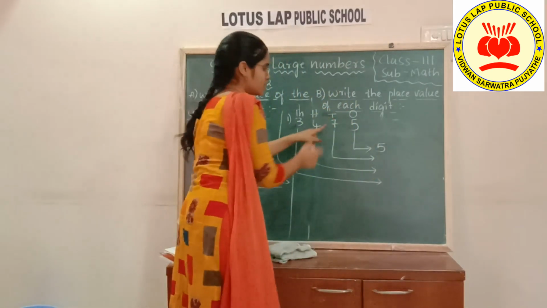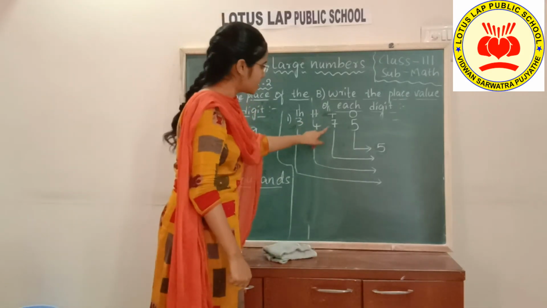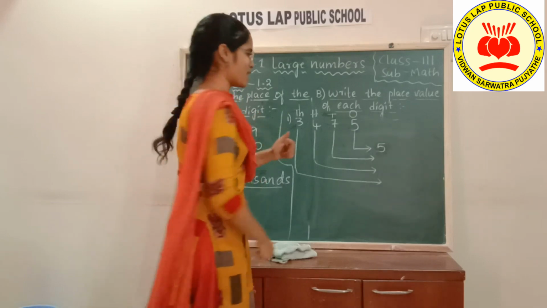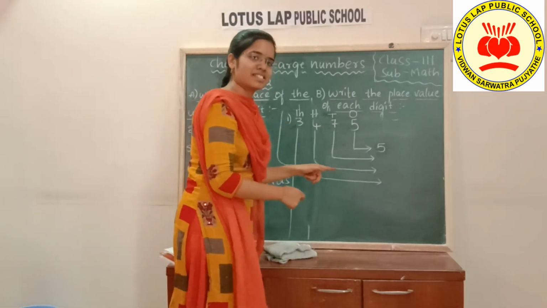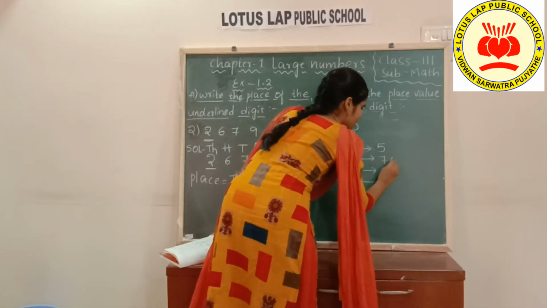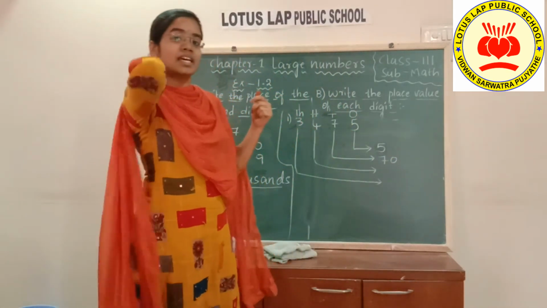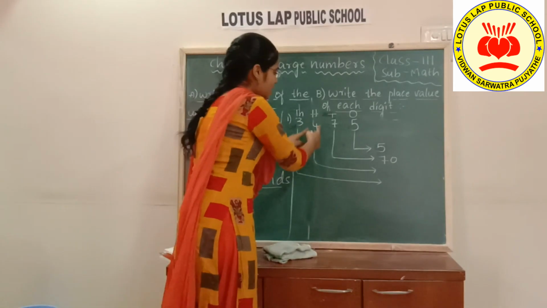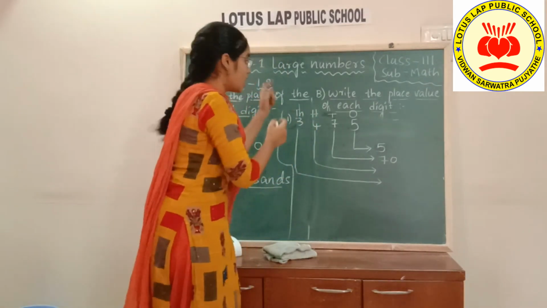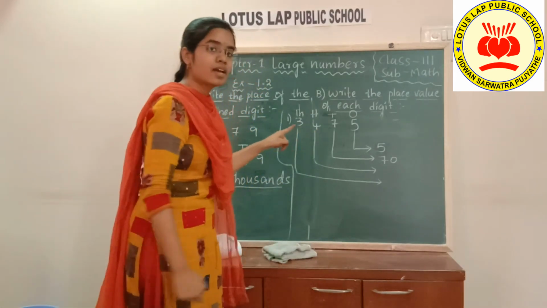Next digit is 7. 7 is in tens place. So 7 tens is 70. Very good. What is the next digit? The next place after tens is hundreds. Under hundreds we have the digit 4.